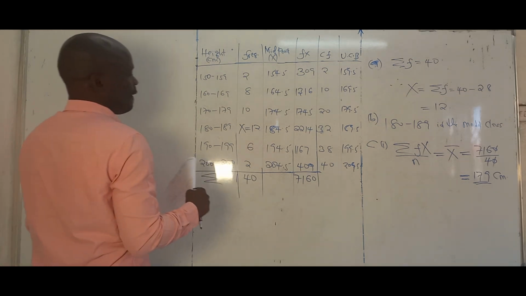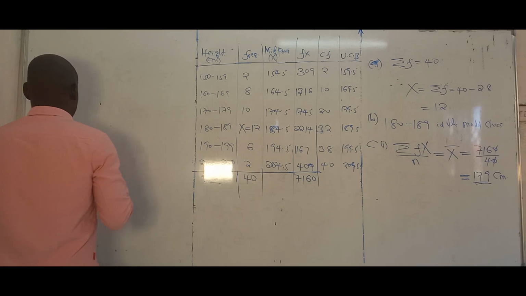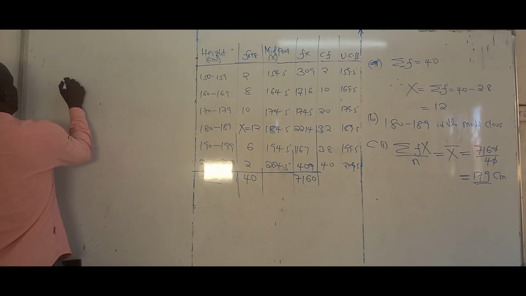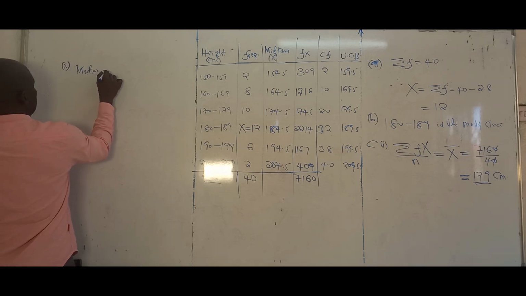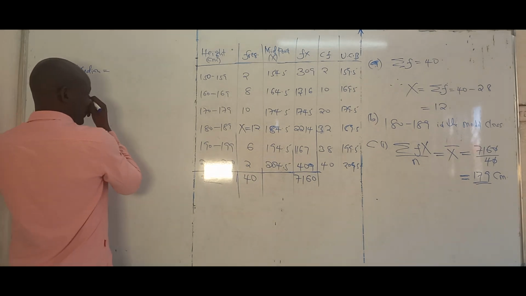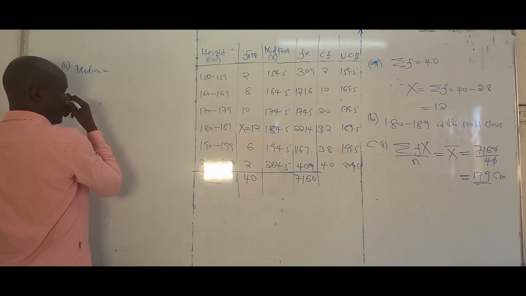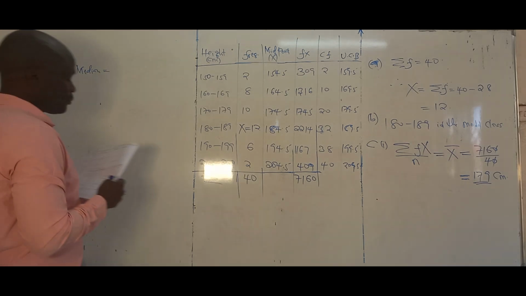So for us to get the median height of this particular group, first of all we'll say that median, Roman 2, is equal to the lower class boundary.